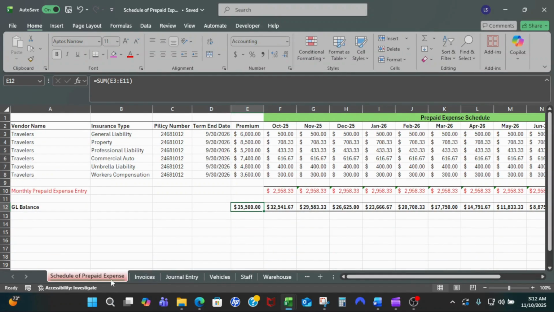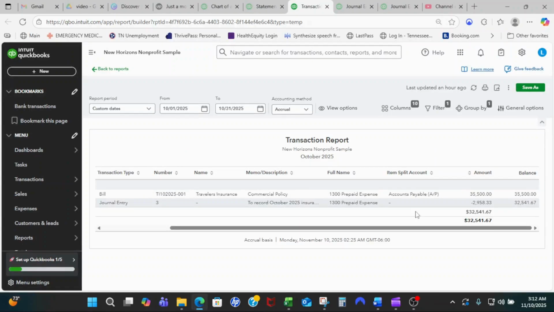So I do. Next thing is, we know that our monthly expense is $2,958.33. And if we go back to QuickBooks, $2,958.33, we did a correct deduction or expensing of our prepaids.